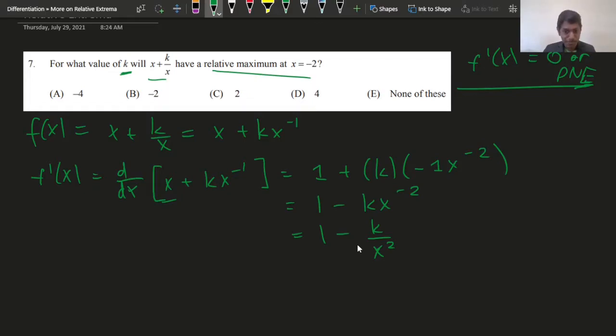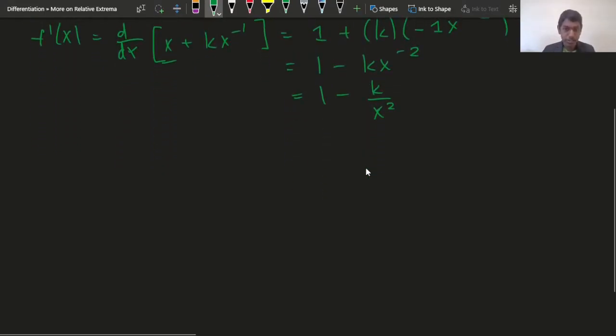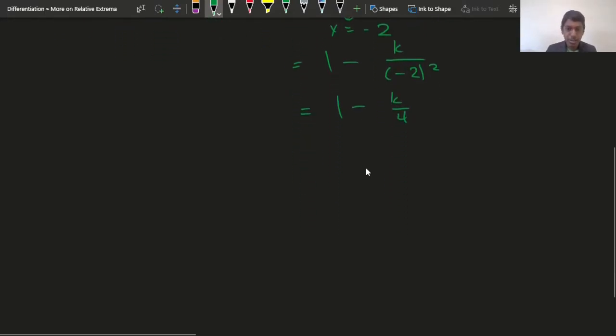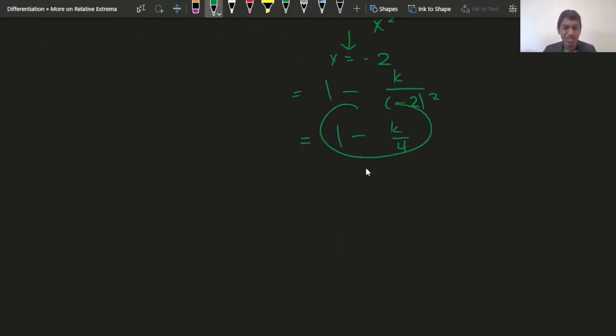But at x equals minus 2, hopefully you can see that f prime is definitely going to exist. If we plug in x is minus 2 here, at 1 minus k over minus 2 squared, it's going to be 1 minus k over 4. And you know that this is going to exist, it doesn't matter what k is, it's going to end up being a finite value. So this has to be 0.